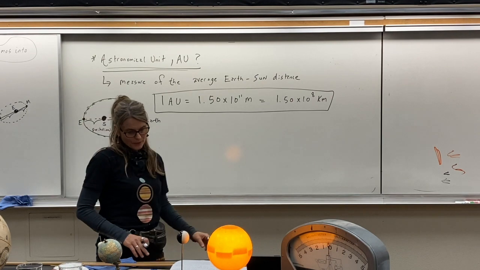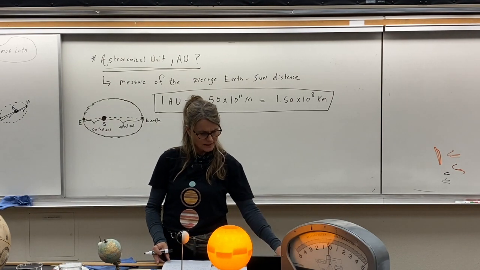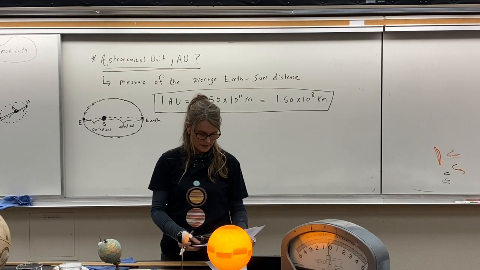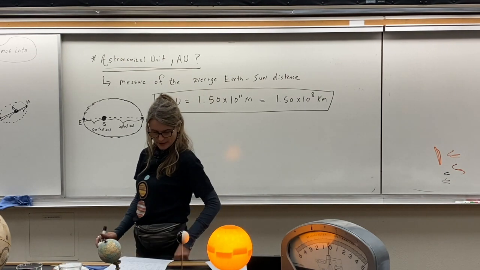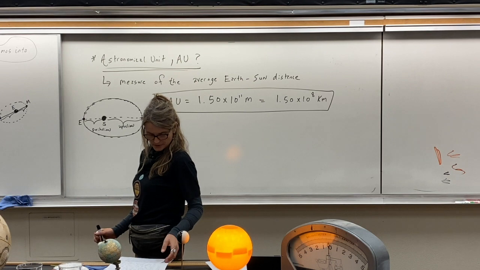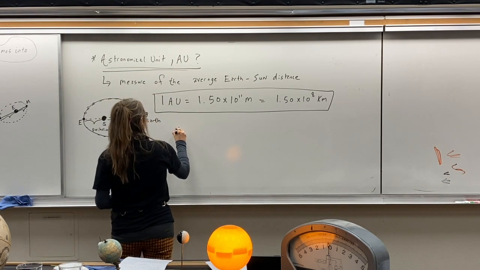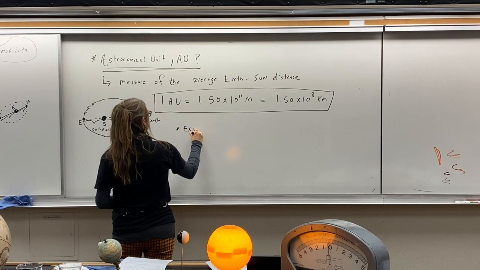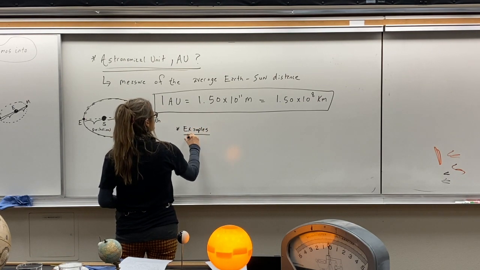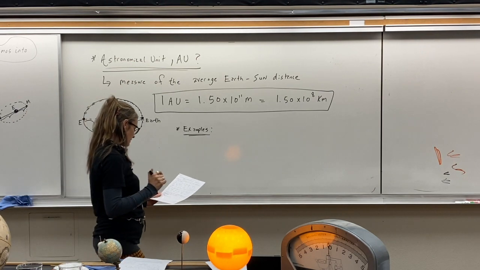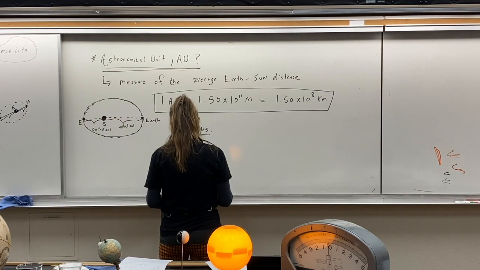Okay. So AU distances. Let's take a look at some of our neighborhood values here. We have the Earth-Sun distance, which is this. So some examples. Not really used for the moon, because the moon's a lot closer, but you could put them in fractions.